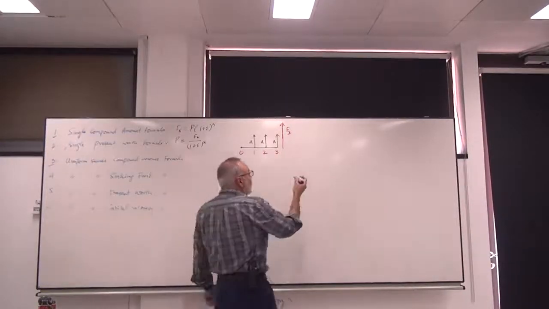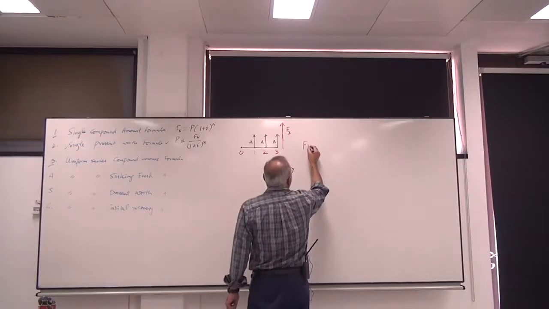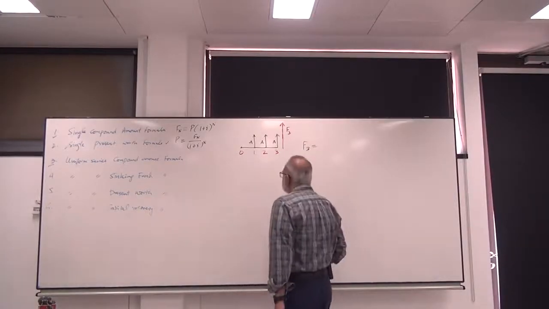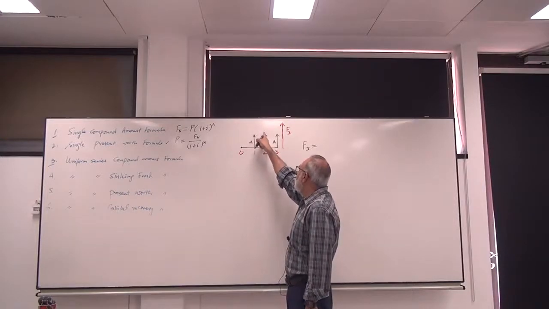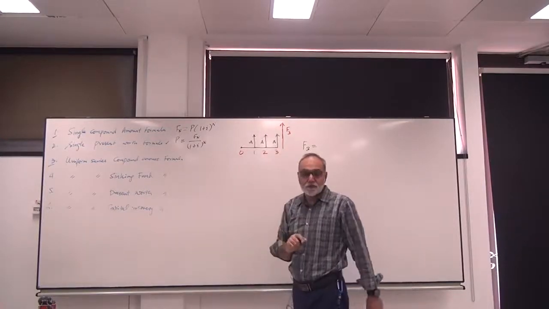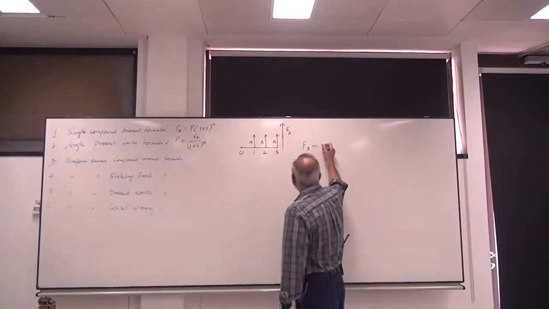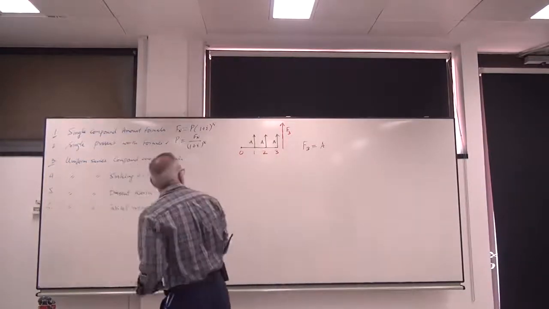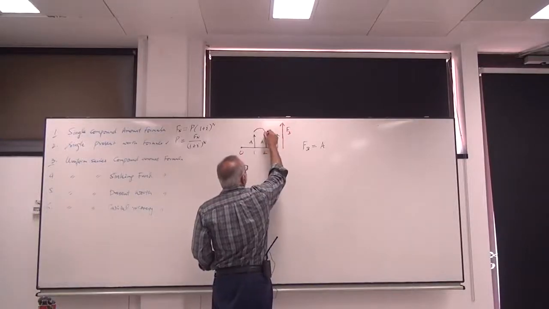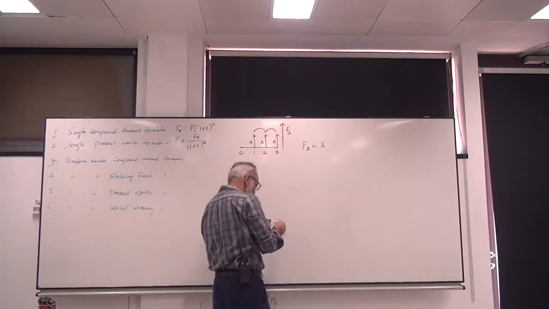We can say that F3 is equal to, now this annuity A will earn interest of 1 and 2 years. So we have F3 is equal to the first annuity will have the interest 1 and 2 years.